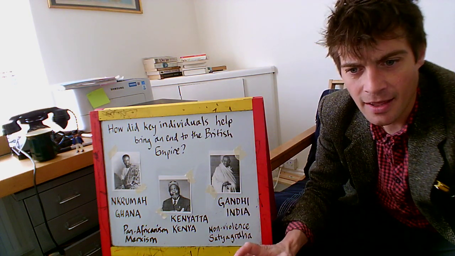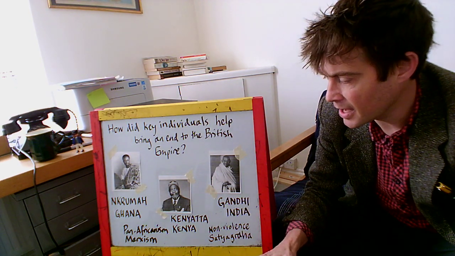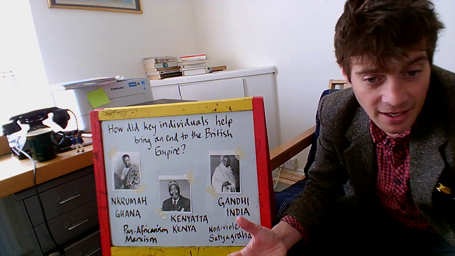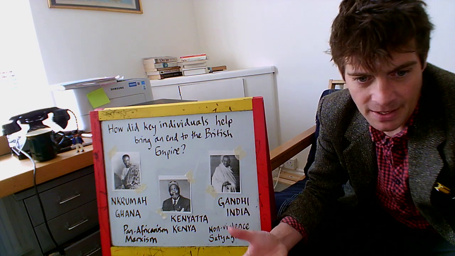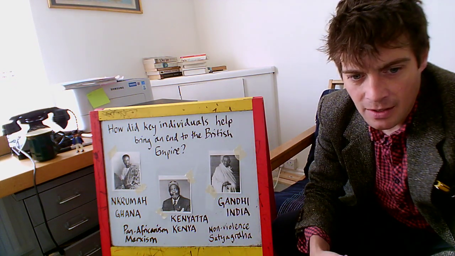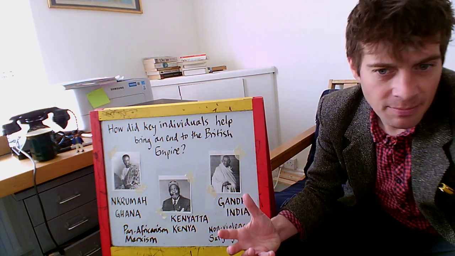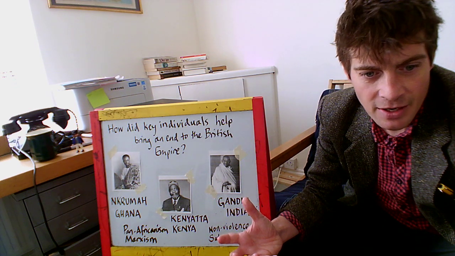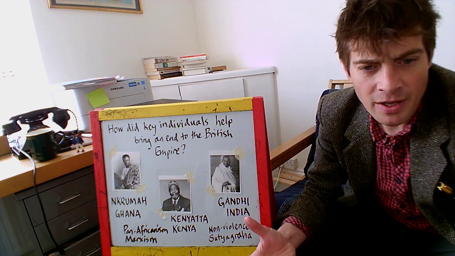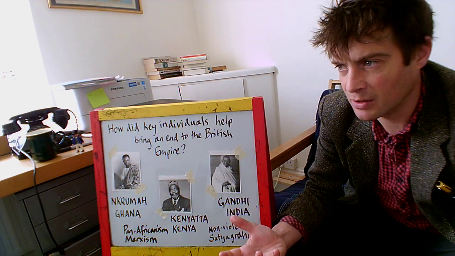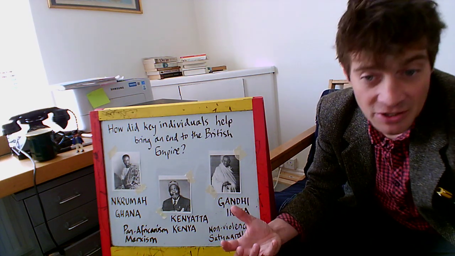Another idea that inspired both Nkrumah and Kenyatta was Marxism. Karl Marx, the founder of communism, was long dead by the time that the British Empire was coming to an end. But these people were inspired by this notion, which at its most simple is the idea that everybody's equal.